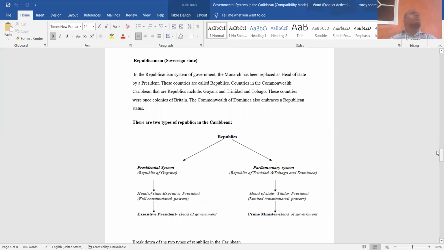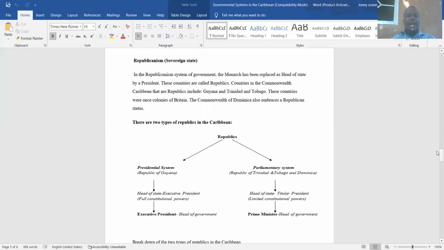They are different, just like how students confuse Dominica with the Dominican Republic. They are two different countries, or two different islands, right? So please don't confuse them. In the republicanism system of government, the monarch has been replaced as head of state by a president. These countries are called republics.